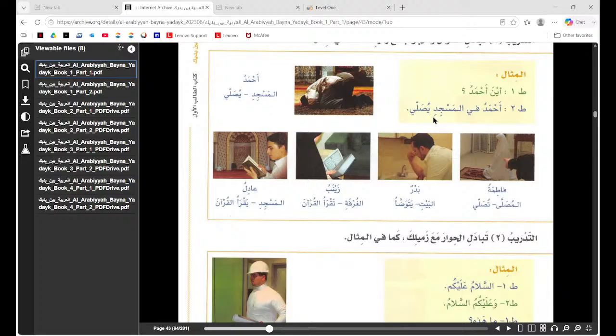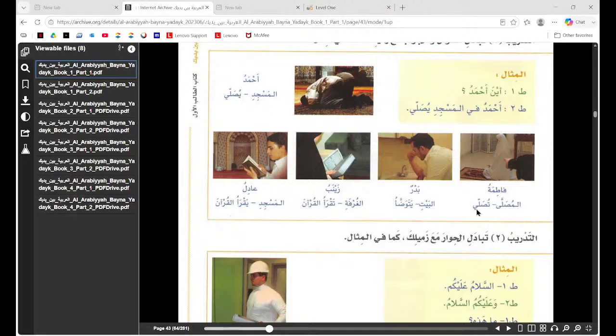Ahmed fil masjid yusalli. So he's praying in the masjid. And for the sister, the suffix is a ta, so it's tusalli for the sister. So Fatima fi musalla tusalli.